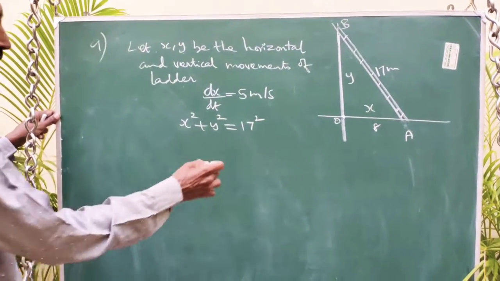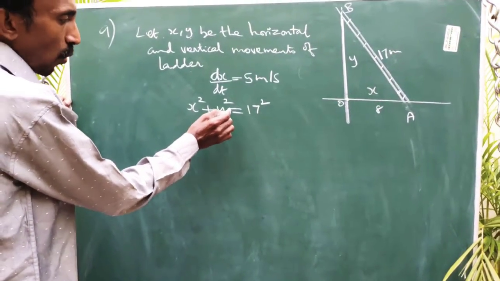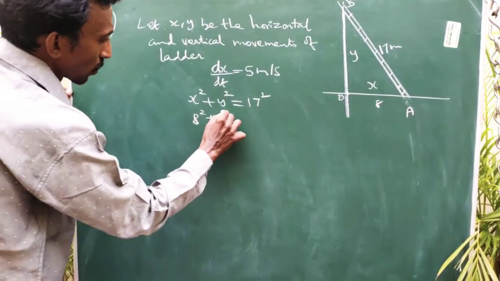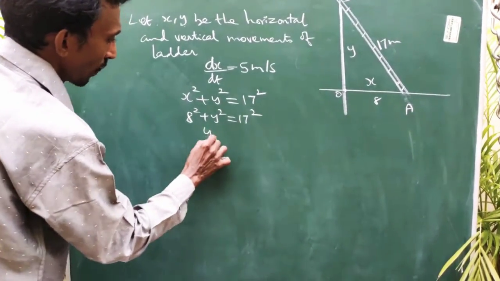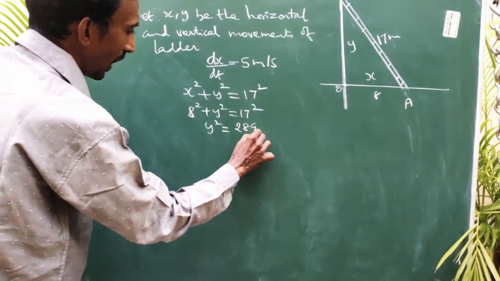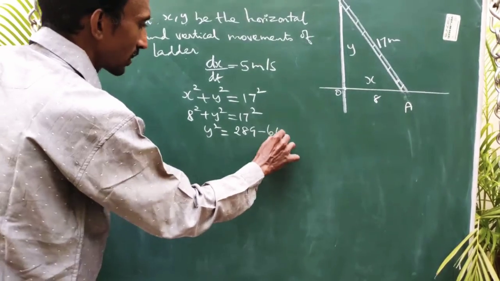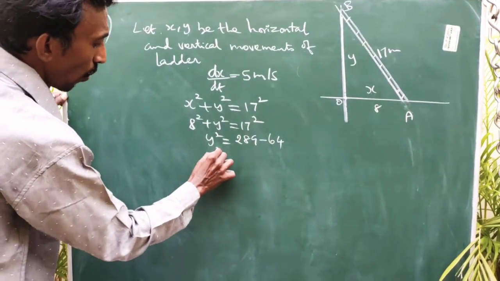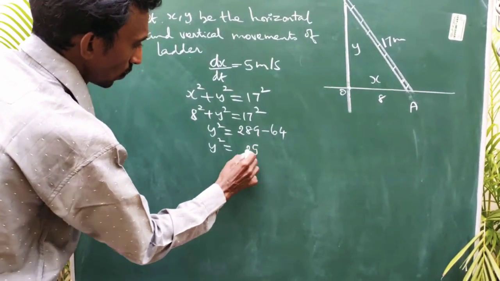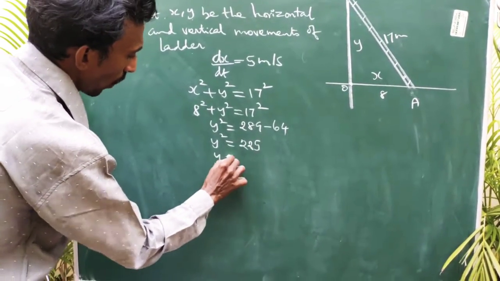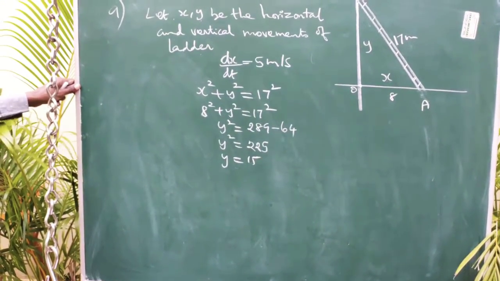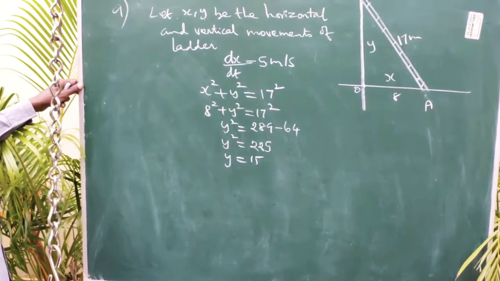First we can find out what y is. x is 8, so 8 square plus y square equal to 17 square. y square equals 289 minus 64, change the side, so y square equals 225. So y equals 15, the negative is not possible. So y equal to 15 is the value.